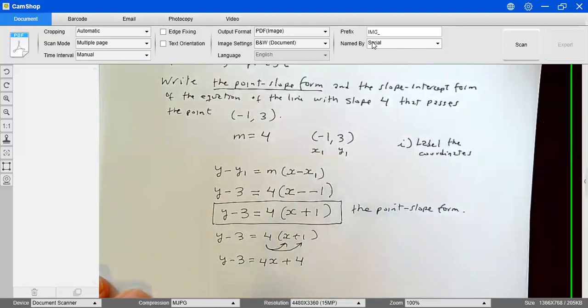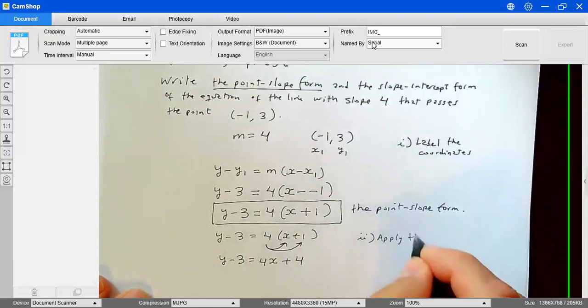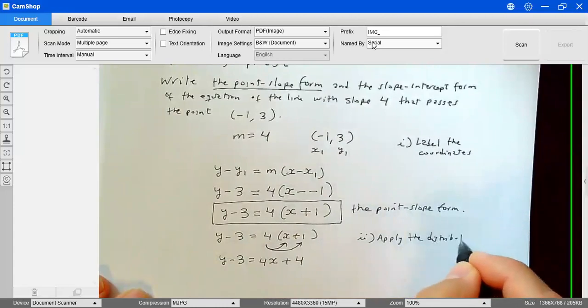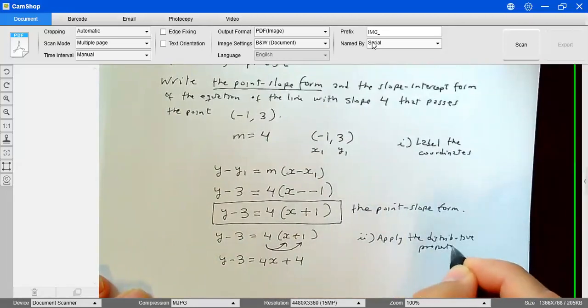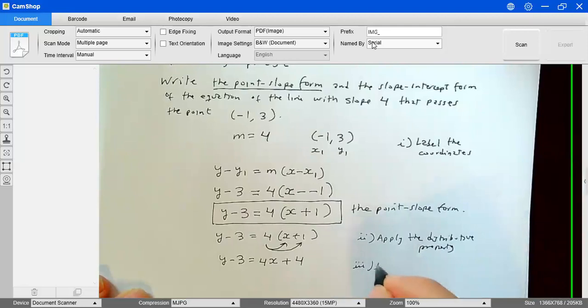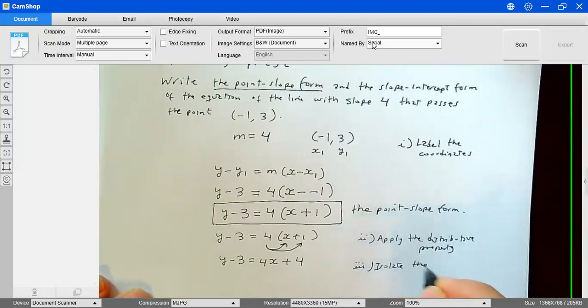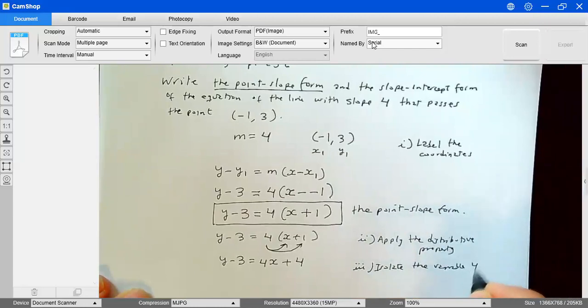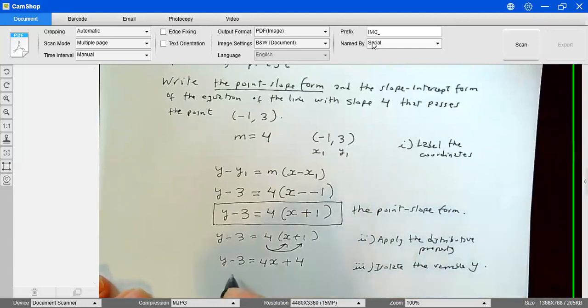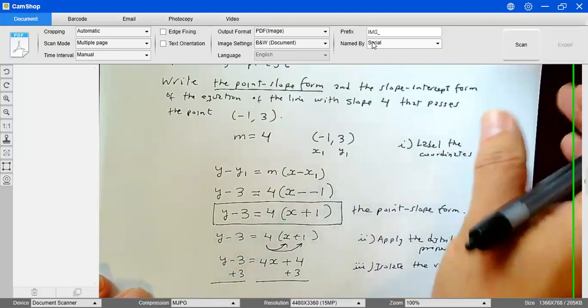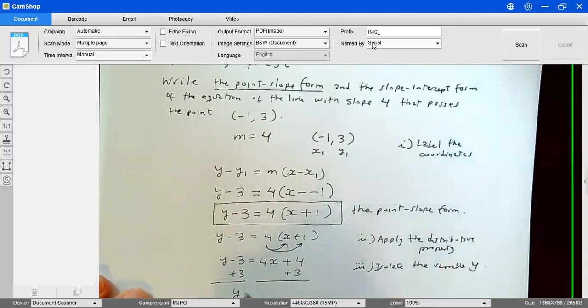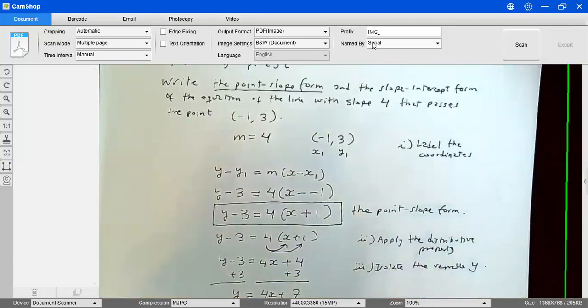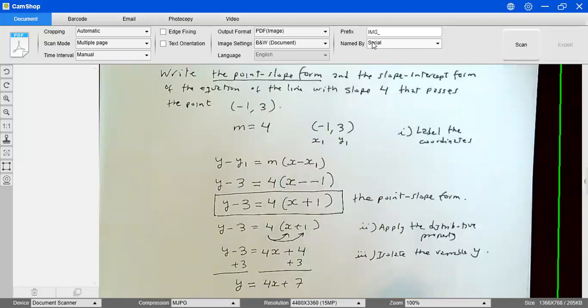Then we isolate the variable y. To isolate y, you just need to add 3 on both sides of the equation. You're gonna get y equals 4x plus 7. And that's the slope intercept form.